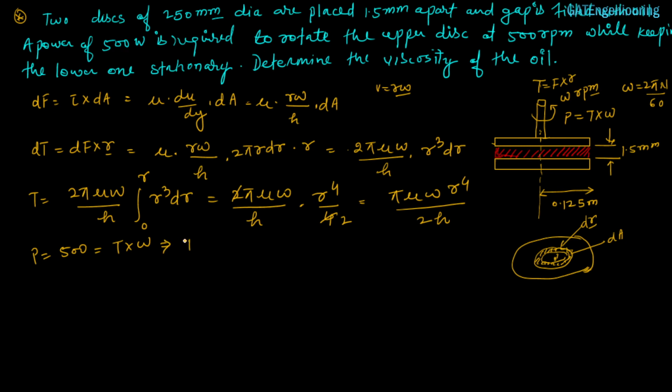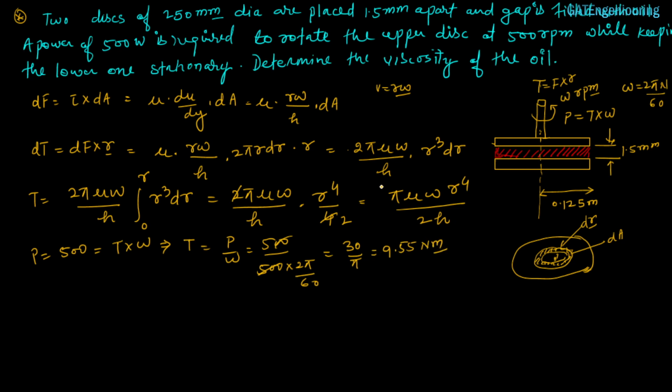From here the torque T is P upon omega, so 500 upon 500 into 2 pi by 60. That gives us 30 upon pi, which is around 9.55 Newton meter. So this is the value of torque.